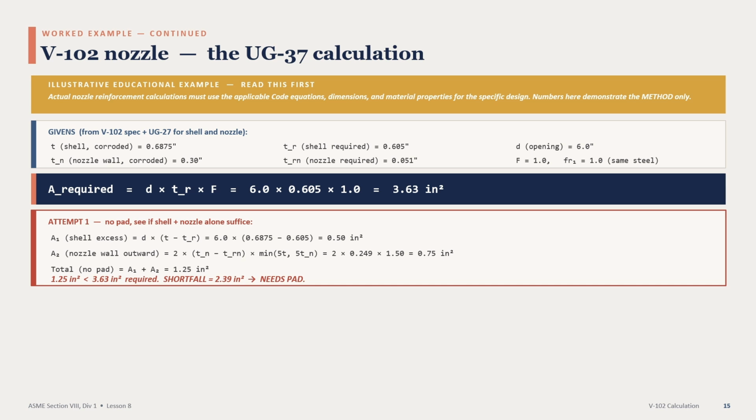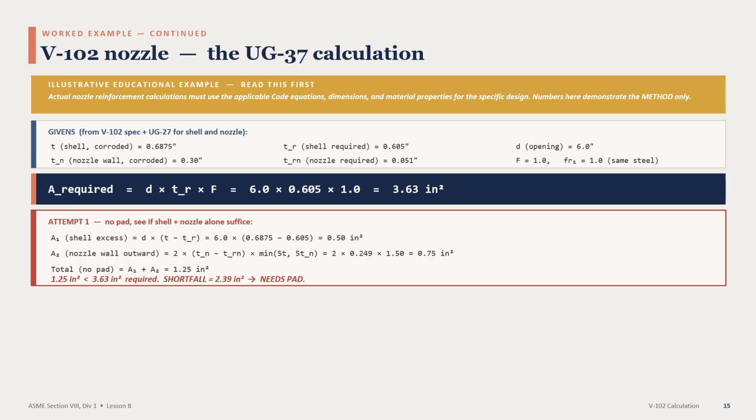Attempt 1. Let's see if the shell excess and the nozzle wall excess are enough on their own. A1, the shell excess, equals D times (t minus t sub r), 6 times (0.6875 minus 0.605). That works out to 0.5 square inches.